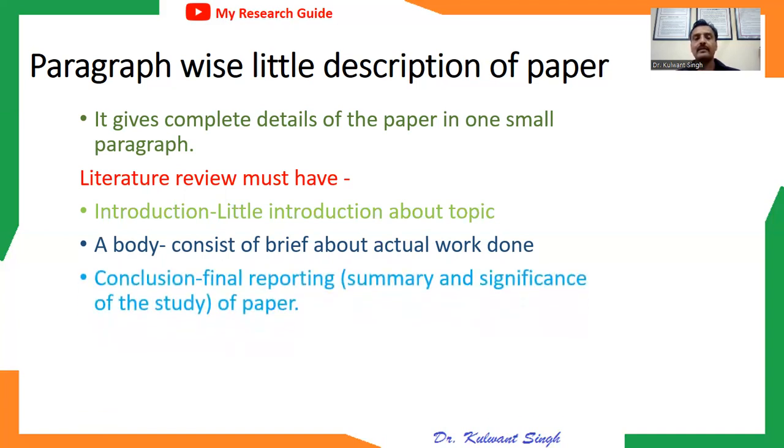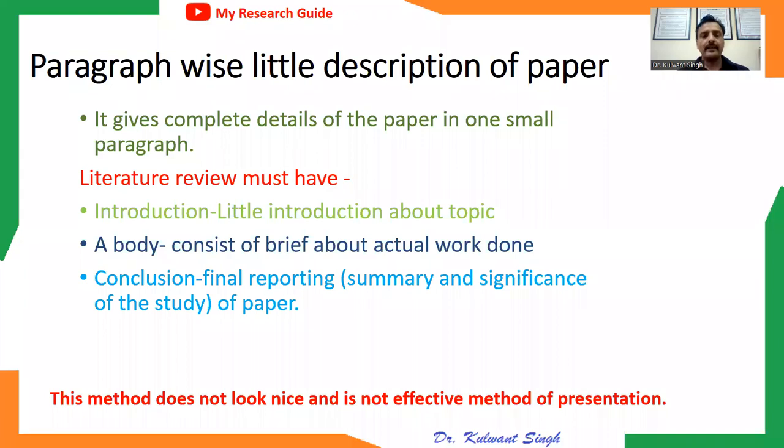And third is the conclusion, meaning the final reporting with a summary or any significance of that research work. These three things we have to include. But this method is not effective, so we should avoid this practice of writing the literature review paragraph-wise with individual papers.